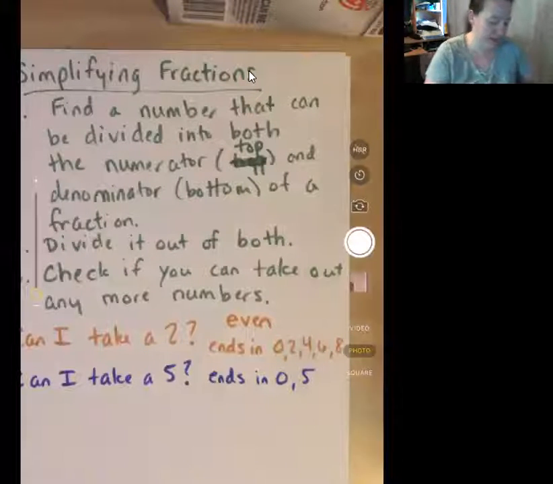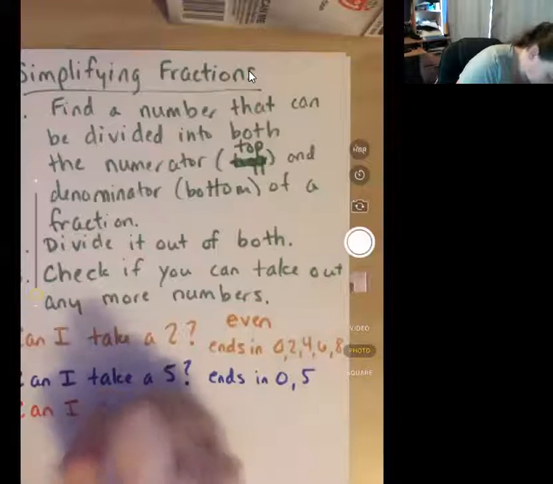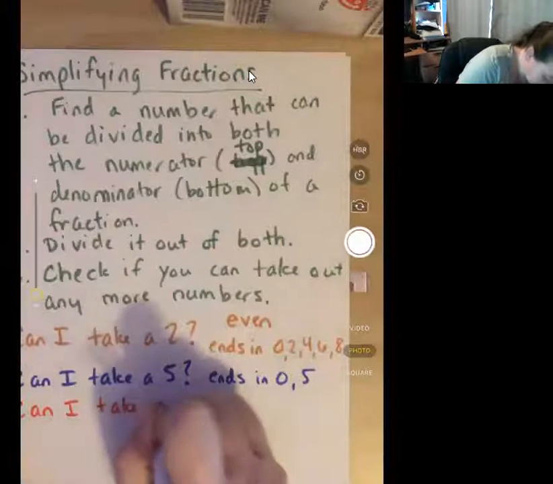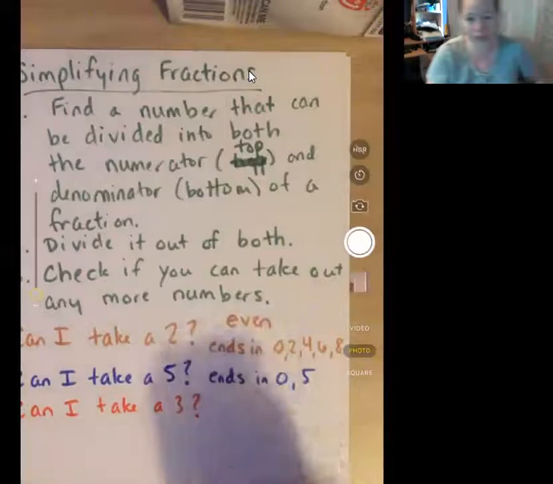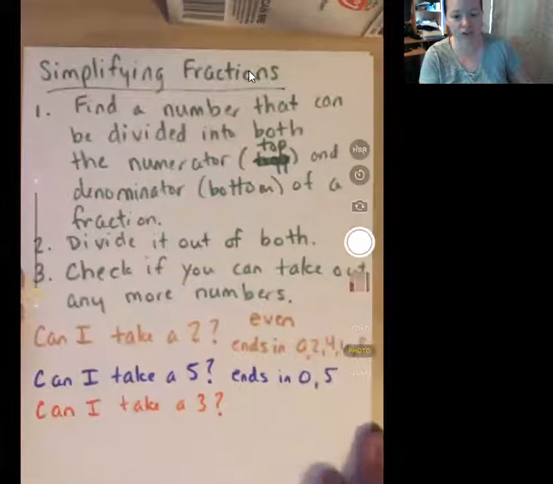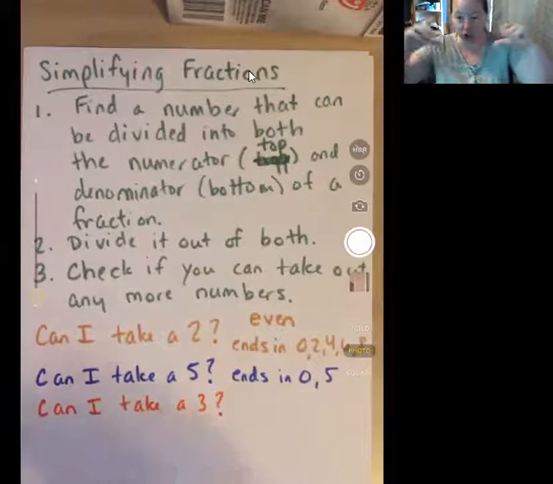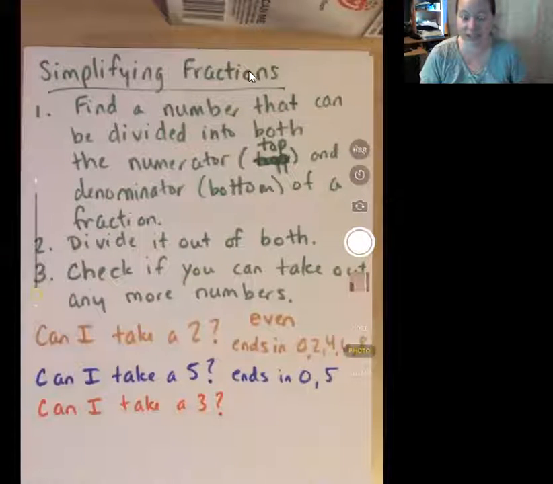And finally, can I take a 3? This one gets a little trickier. It actually has an entire long line of text in regards to whether or not you can take it.